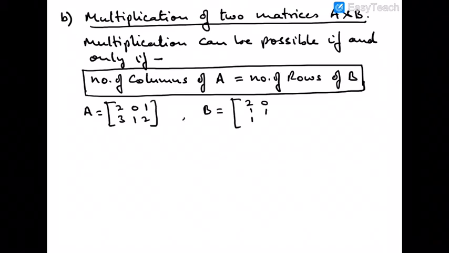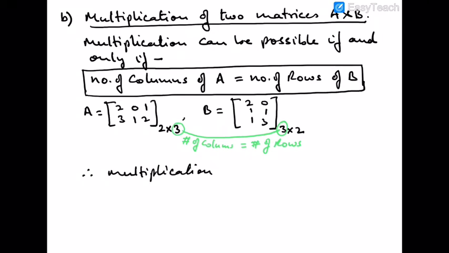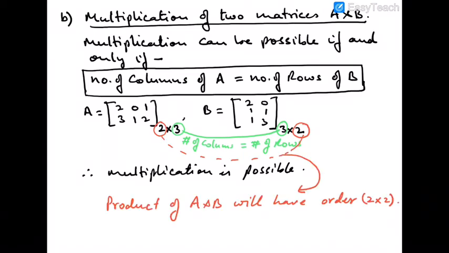Then matrix A is of order 2 by 3 and matrix B is of order 3 by 2. Then we can clearly see that the number of columns of A is equal to the number of rows of B. Therefore, we can multiply these two matrices and the product of A and B will be of order 2 by 2.